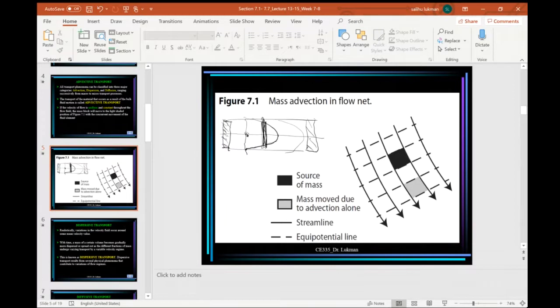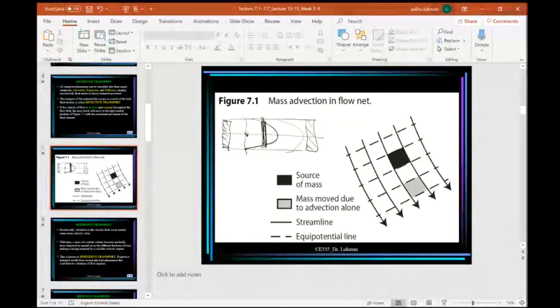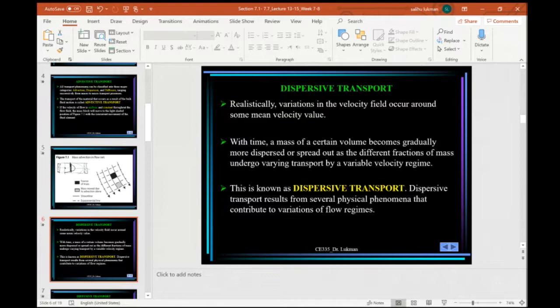Some will be further ahead while some will lag behind, because of the different velocity regimes at different points in the cross-sectional area. Some of the contaminant mass will travel faster while others lag behind, because the velocity field is not uniform.